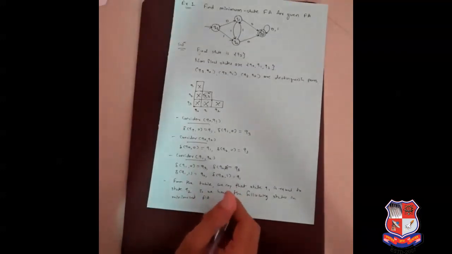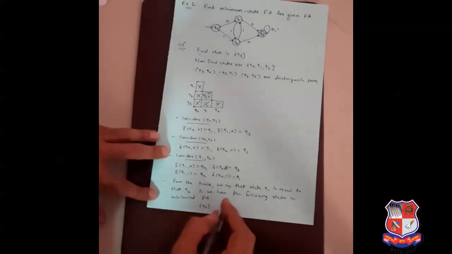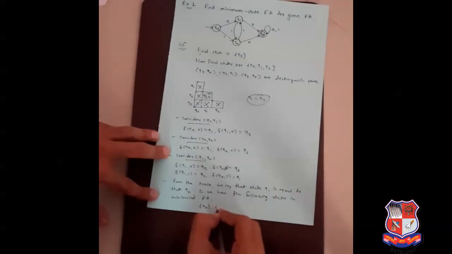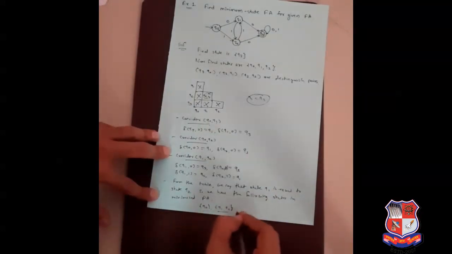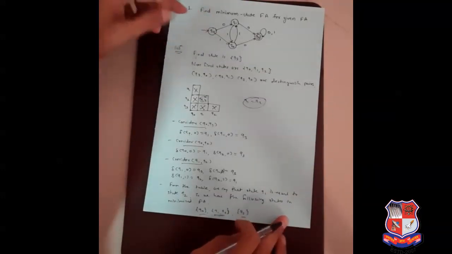Now which are the states? Q0 remains as it is. Q1 and Q2 are the same, so we can make them a combined state, Q1, Q2. And Q3 is as it is. So now we have 3 states in the minimized FA, and in the question there are 4 states.